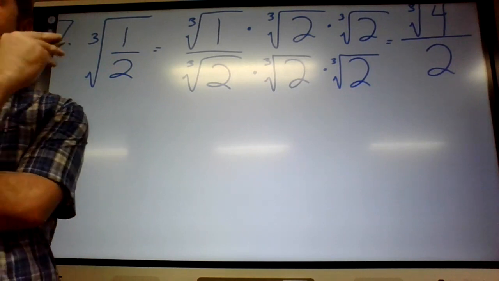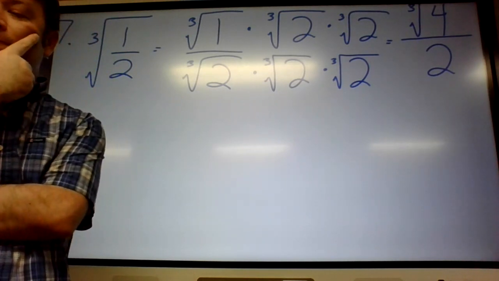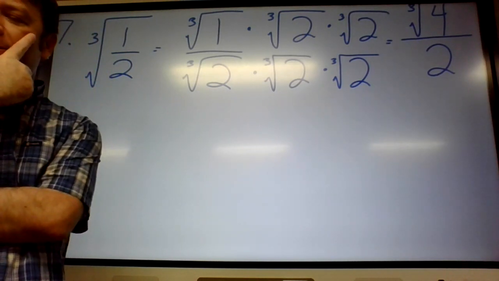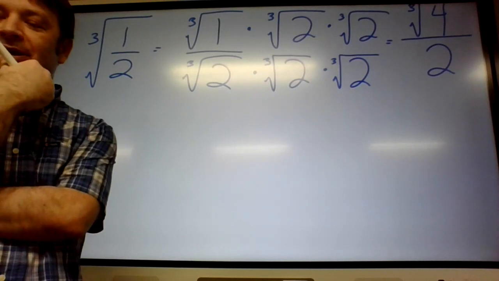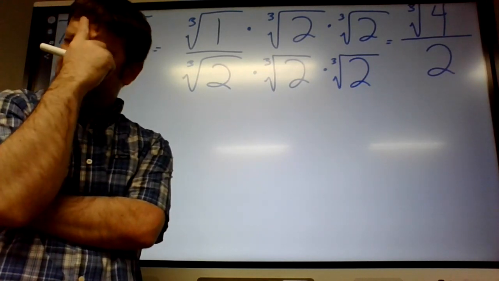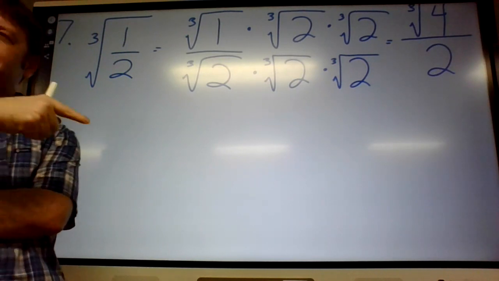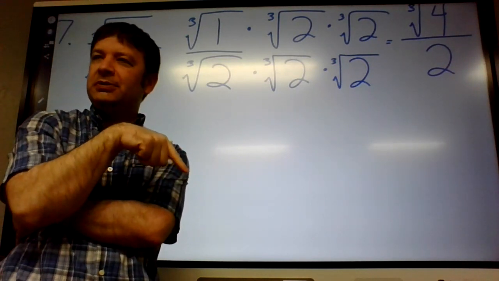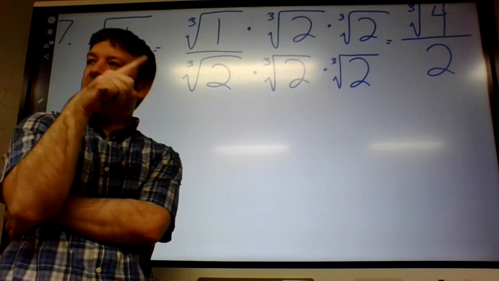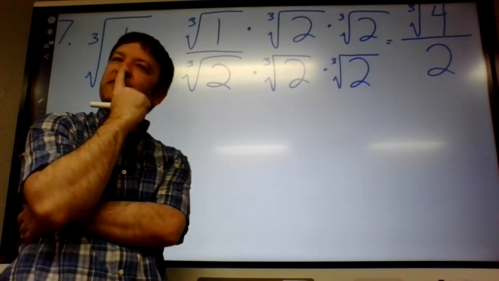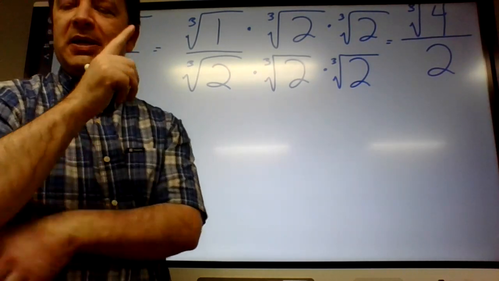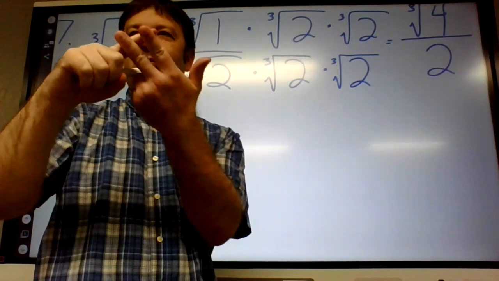Okay, on 18, I'm going to help you guys a little bit. On 18, 9 does not have a cubed root. Do you guys know what 9 can go into that does have a cubed root? 81. You're right the first time. It's 27. Because 9 is like 3 times 3, right?